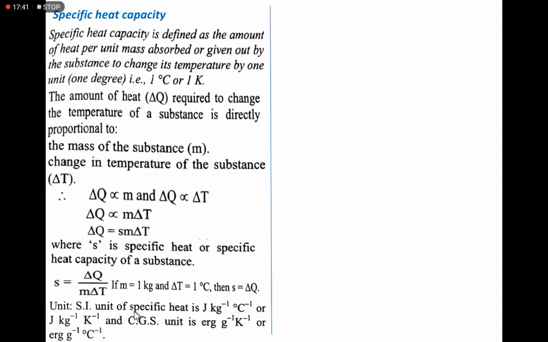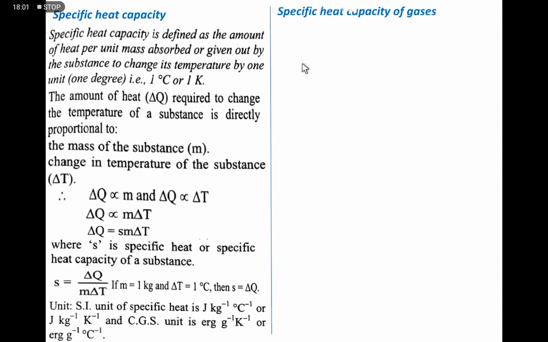And in CGS units, you write ergs per gram Kelvin or ergs per gram degree Celsius. So this is the unit for the specific heat capacity of the body.